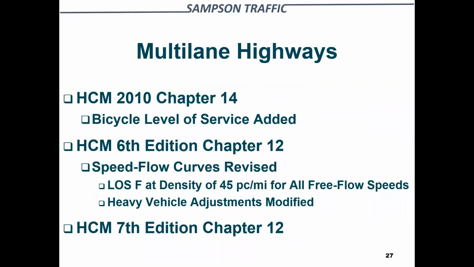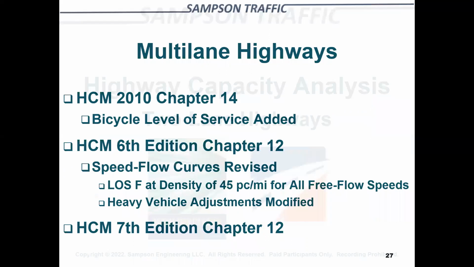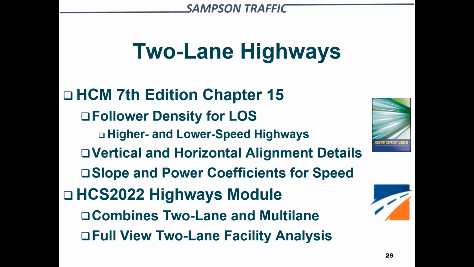Multi-lane highways, really no changes in the 7th edition. Two-lane highways pretty much changed completely. Follower density is the service measure to determine level of service. You have two different categories of speed, above and below 50 miles per hour, which makes sense.